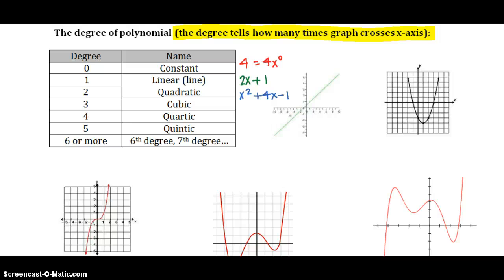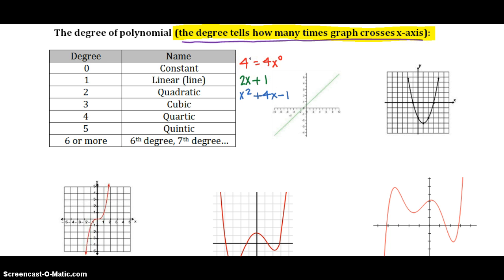All right, let's talk about the degree of a polynomial. So if a polynomial can have one term, here I have a constant 4. That's understood to be 4x to the 0, because anything to the 0 power is 1. So the degree of the polynomial, look right here, it tells us how many times it's going to cross the x-axis.